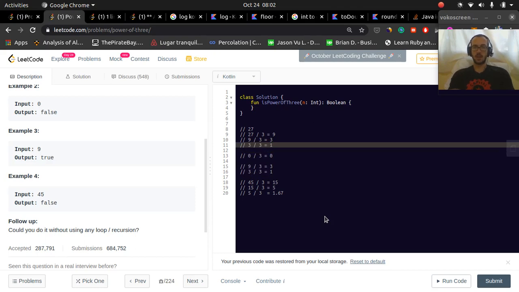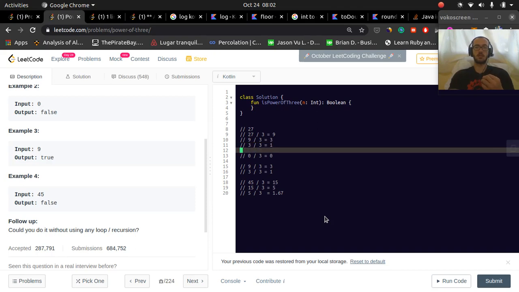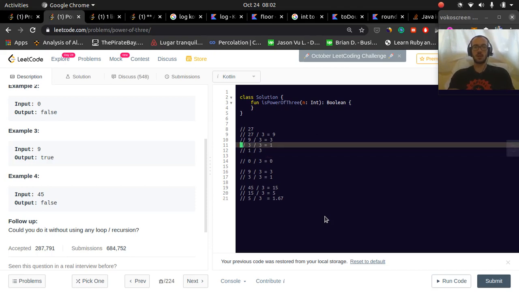So if we keep dividing by 3 while the remainder is 0, right? The remainder here is 0. The remainder here is 0. And then 1 divided by 3 is remainder 1. So we'll keep going until we get a remainder that is not 0.